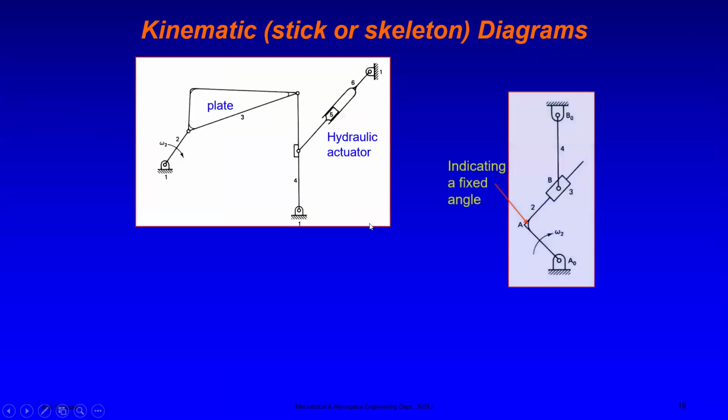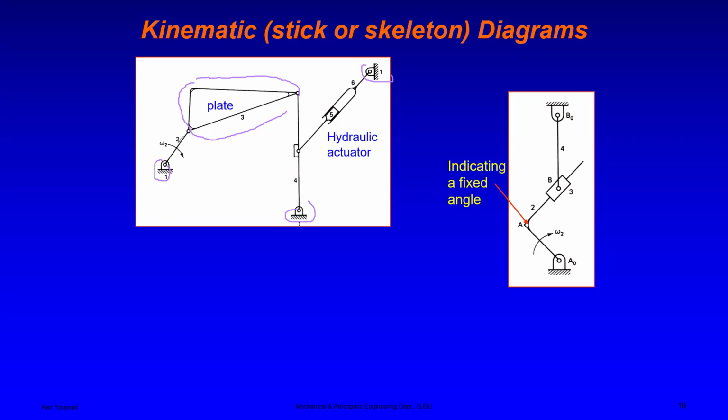Other examples, these are just other examples of kinematic diagrams, whereby now this is representing a fixed end here and a fixed end here. This one is a hydraulic actuator, and then this is fixed, and then this is a ternary link, just one link having 3 joints or nodes.